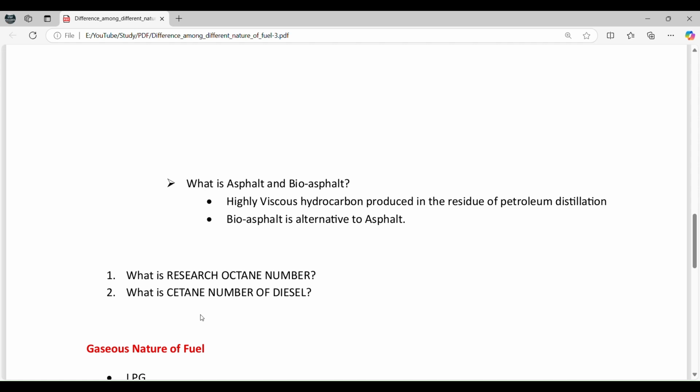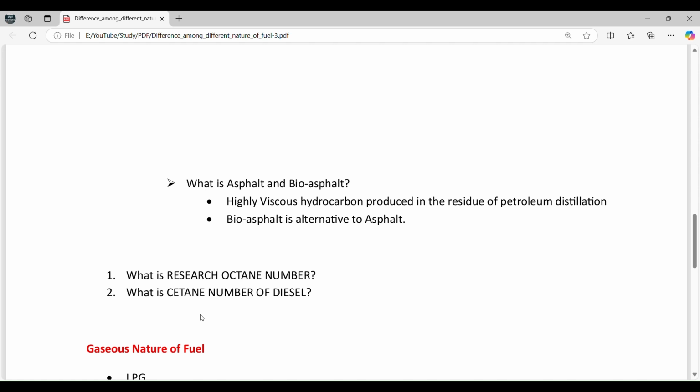So, coming to what is the research octane number? What does it actually mean? Research octane number is a standard measure of the performance of the gasoline engine fuel.